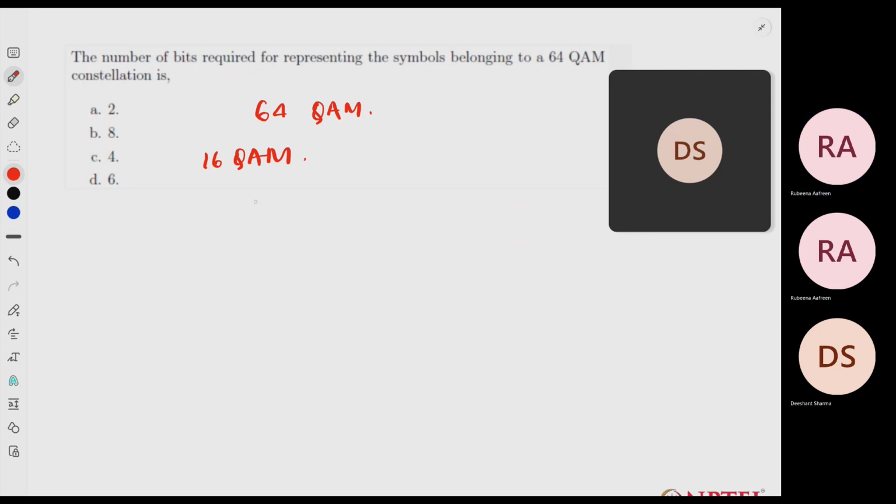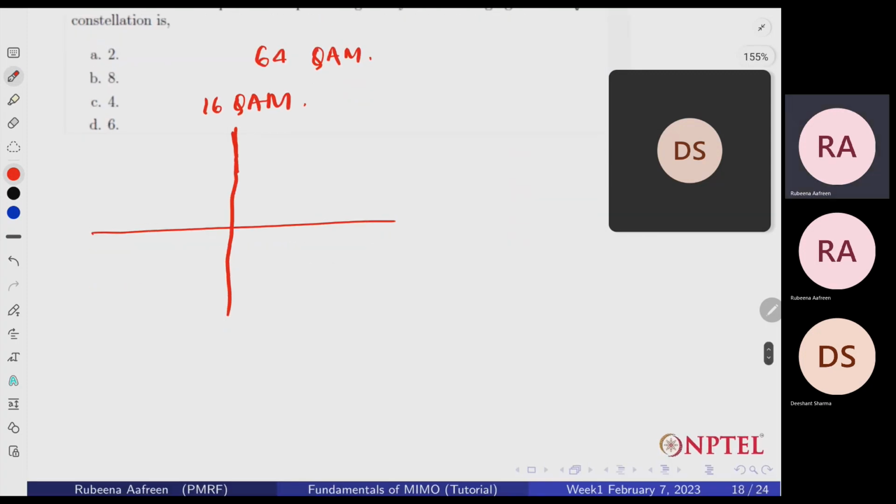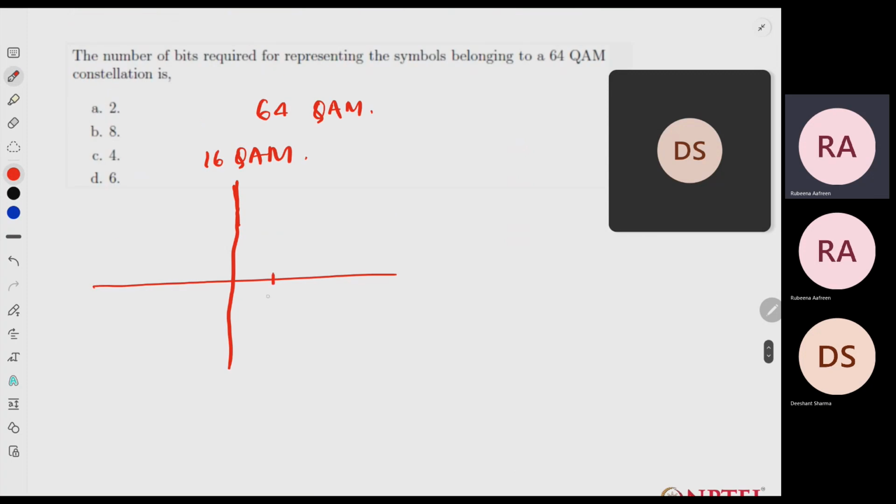So for 16 QAM, we would have in phase levels +1, +3, -1, -3. And then on the quadrature side, it will also be 1, 3, -1 and -3. So we get 4 symbols in each quadrant.